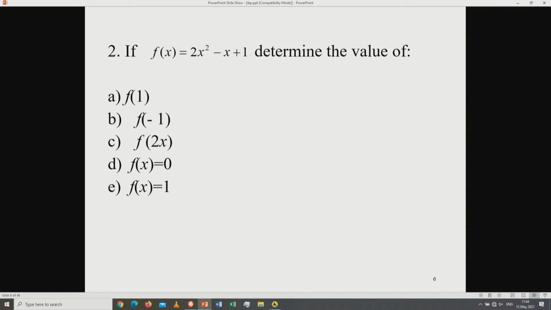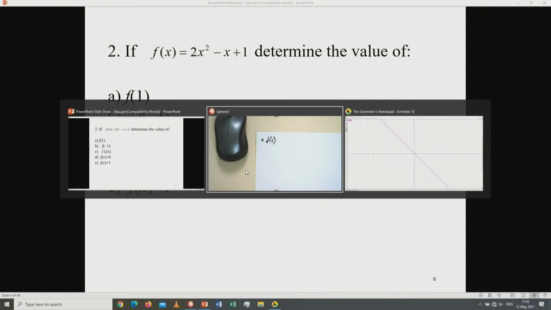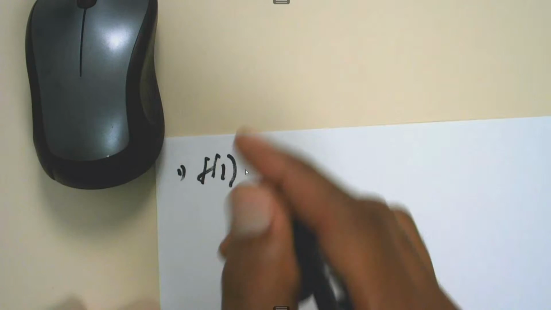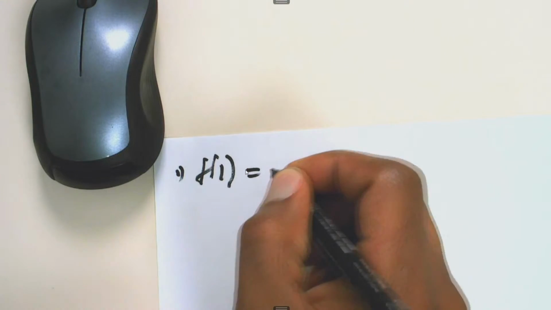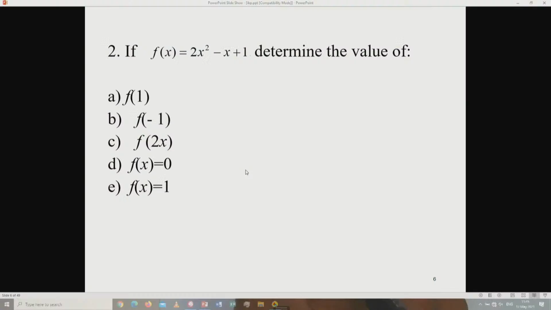Based on the example that we did earlier on, we've got number 1, which is f(1). So we need to look into that. Let's see what's going to happen with that. F(1) equals, then let me copy the equation very quick. The equation is f(x) = 2x² − x + 1.